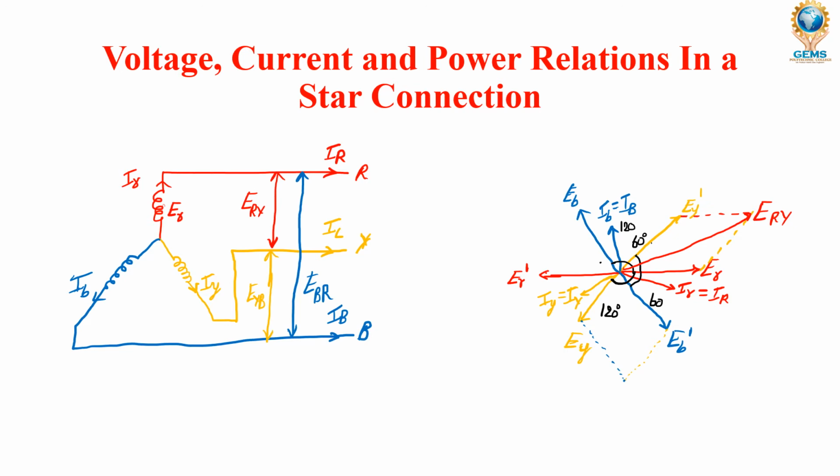This is EYB, the resultant will come, EYB. And next one more will come here. Now I am going to draw a line parallel to R.